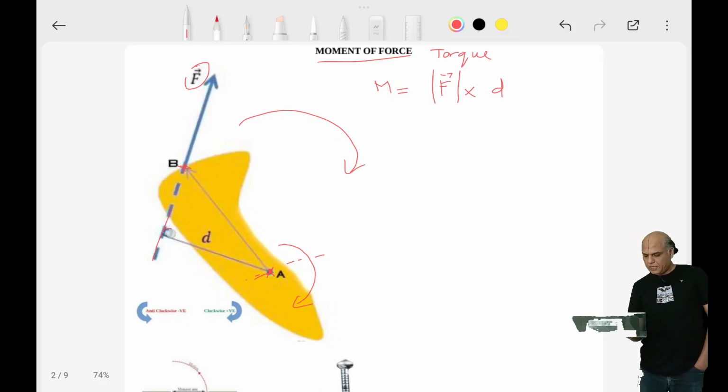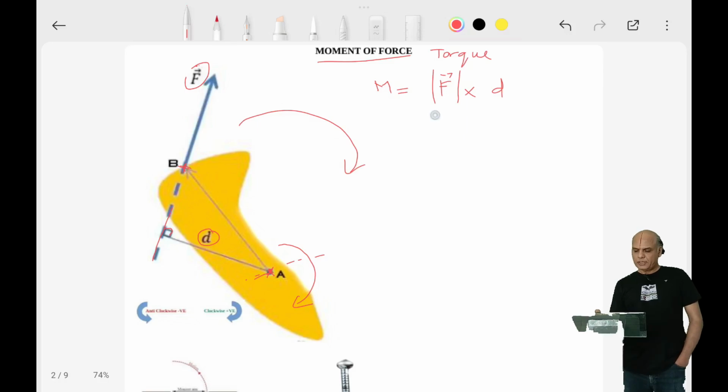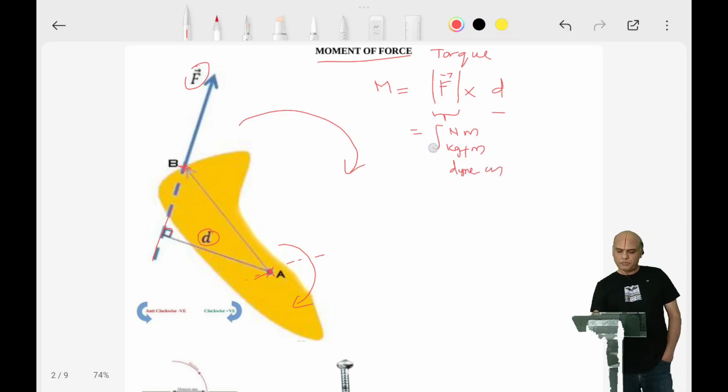So the perpendicular distance is D, as shown here. This is measured in terms of Newton meter, kgf meter, or dyne centimeter. These are the units for the moment of force.